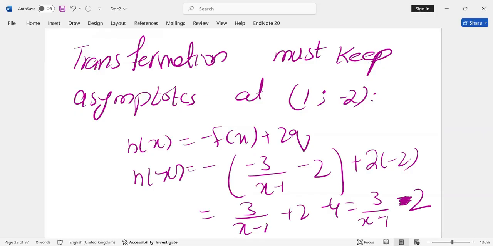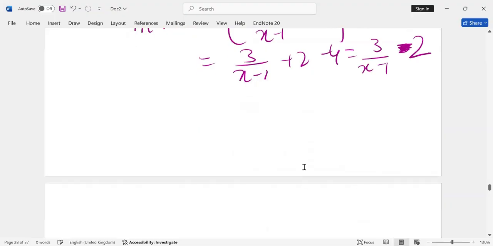Okay. So the new value is a equals to 3, which is greater than 0. Okay. So the reflection above is about y equals to minus 2.